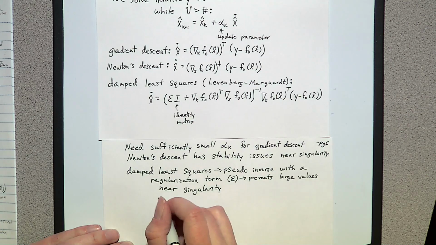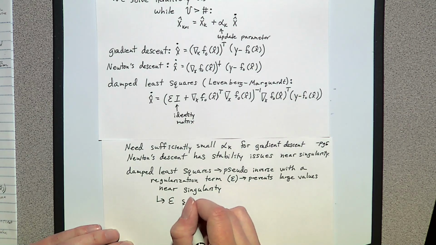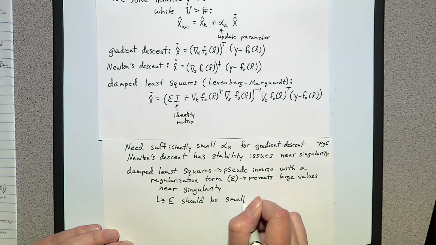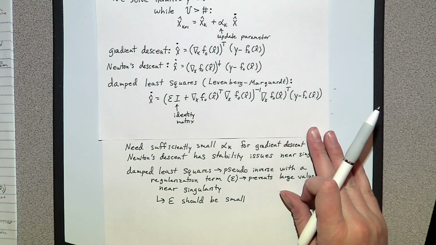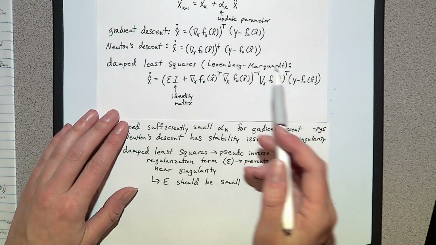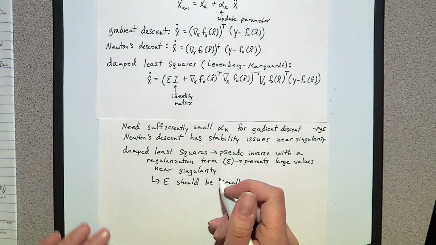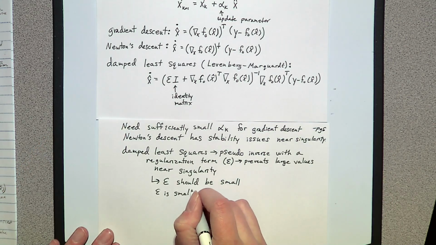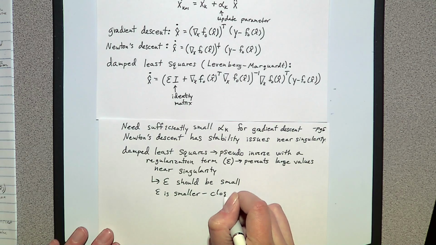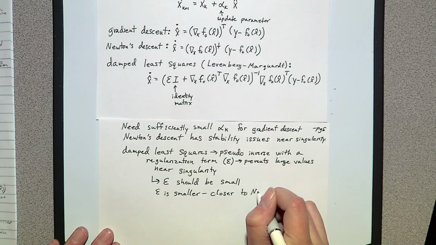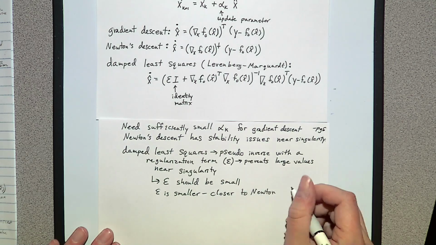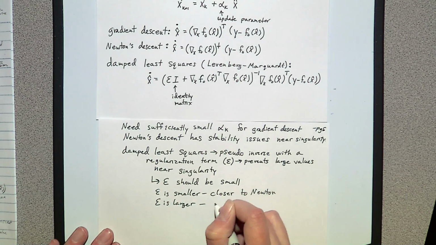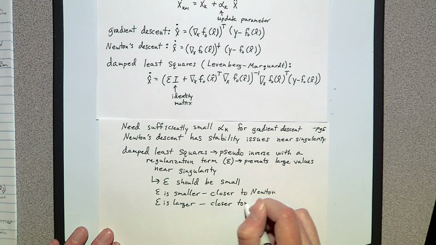And so epsilon should be relatively small because we don't want it impacting too much the pseudo-inverse that we're using. If epsilon is smaller, it's closer to the Newton method, and if it's larger, it's closer to the gradient descent.